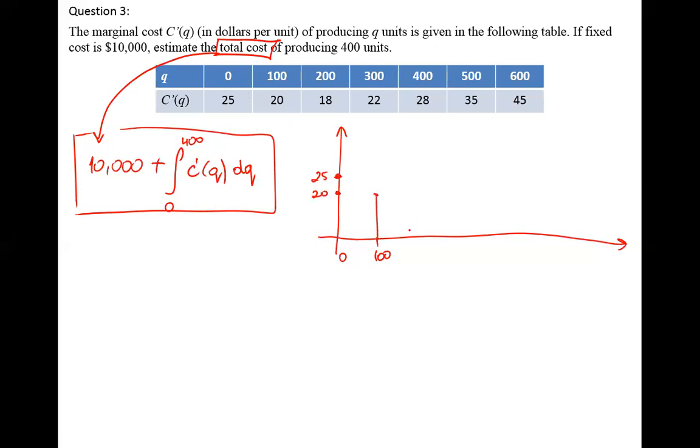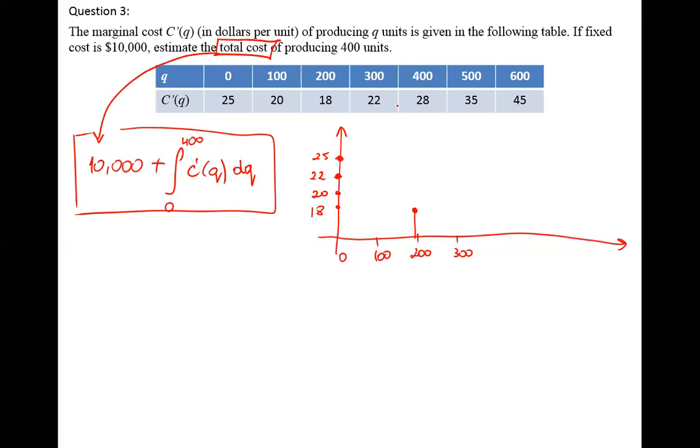Right, 20. For 200, we have 18. A little bit too tight, but it's okay. 18. And then for 300, we have 22. Let me make this 22 and 25.